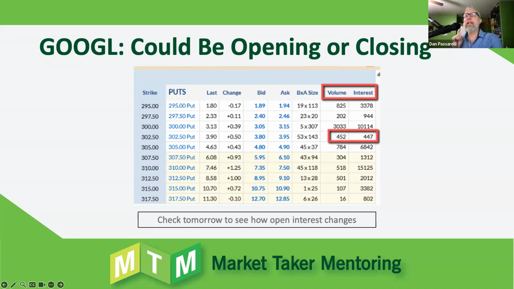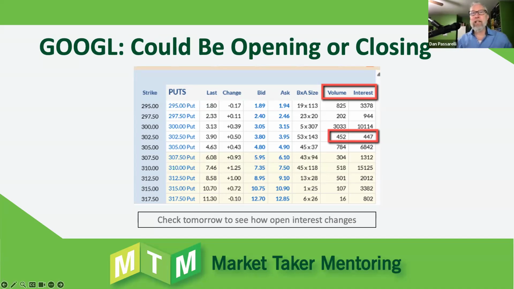Well, when we start the day any day, volume is always 0. Okay? So the one thing we know is that 452 contracts traded today. But when we started the day today, what was open interest? It was 447.